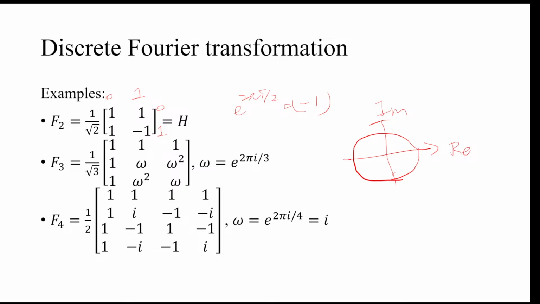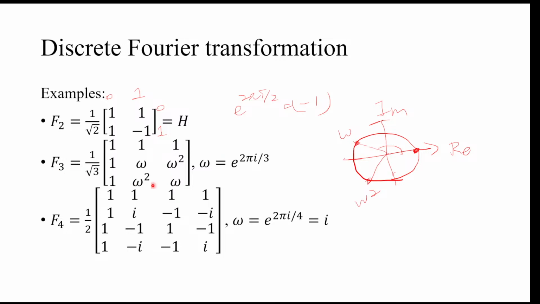You have three roots of 1, so 1 is the first root, and then you have omega here and omega square here. This angle is 2 pi divided by 3, and each of the three angles is 2 pi divided by 3, which is 120 degrees. So this point on the complex plane is omega.